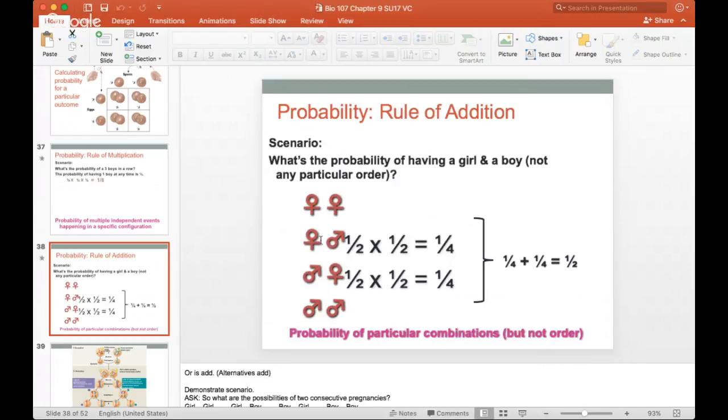And to figure out the probability of having a girl and a boy, it's going to be multiplication, because it's girl and then boy, or boy and then girl. Okay? So 1/2 by 1/2. Odds of this happening are 1 in 4. Odds of this happening are 1 in 4, and either option is good for us. Either option is fine, and so it gives us 1/2 odds that we'll have a girl and a boy.